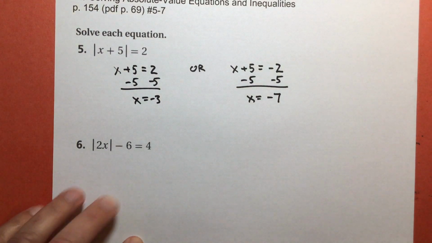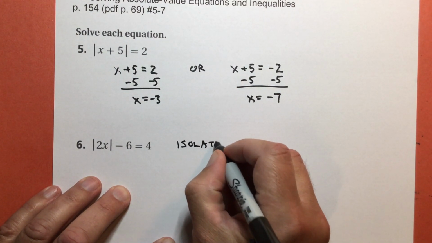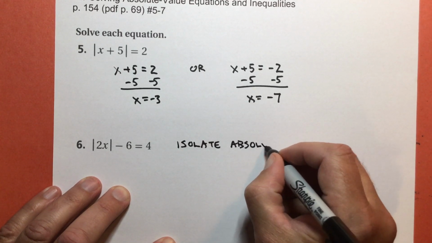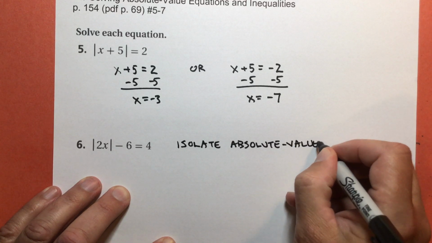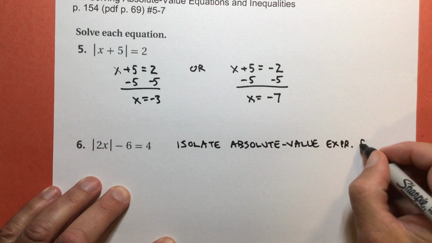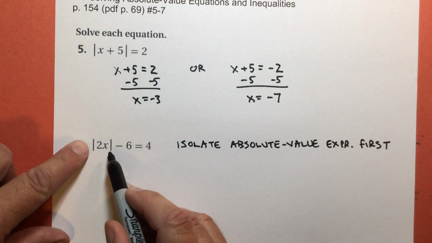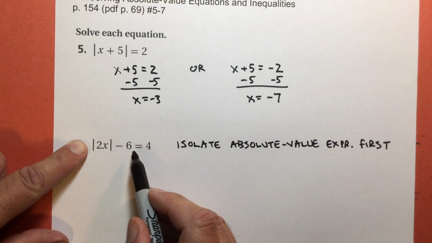For problem number 6, I have to isolate the absolute value bars first, or the absolute value expression. I'm going to write that all out, except I just abbreviated because I was running out of time. So this absolute value of 2x has to be all alone on its side of the equal sign.